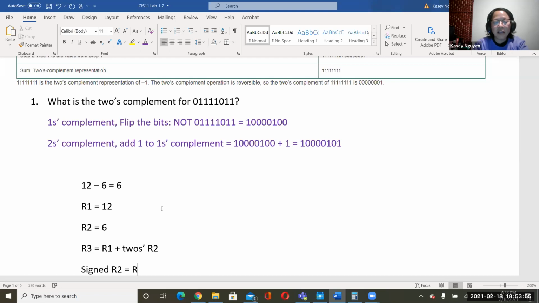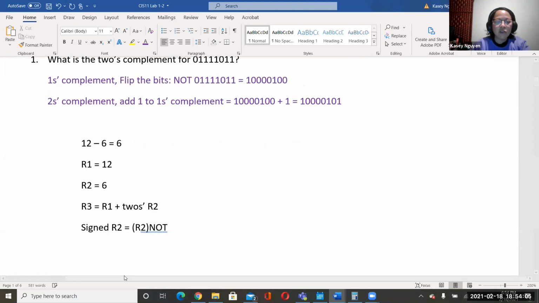So you have to take R2, right? You're going to knot it, and then store it to R2 again, restoring it back into the register. And then what you're going to do next is R2 is equal to R2 plus 1. That's how you do it in assembly.